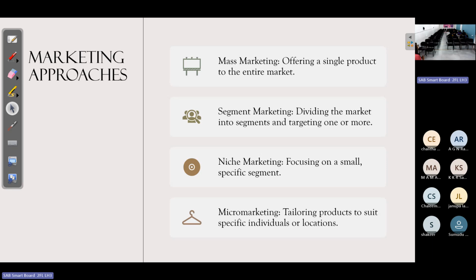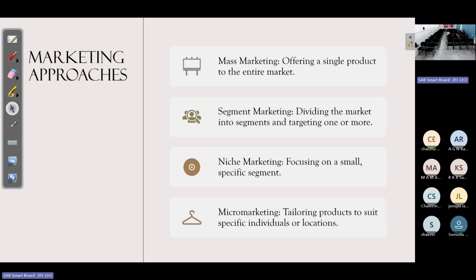For example, when it comes to clothing, we can customize our clothes. There are fashion designers, and we can tell them what sort of design we want. Then based on that design, they will tailor it.